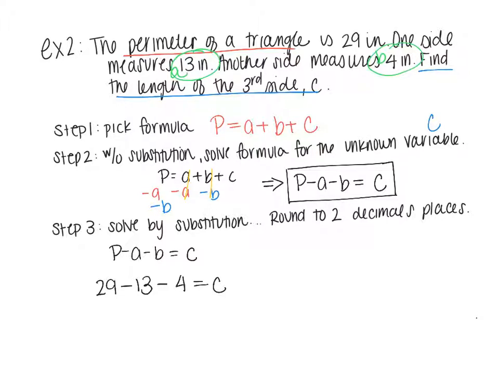So 29 minus 13 minus 4 will give me 12 inches, because that's my unit, equals C. So that would be your answer for step 3.